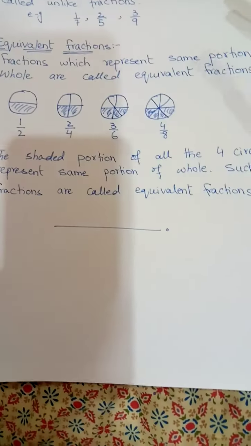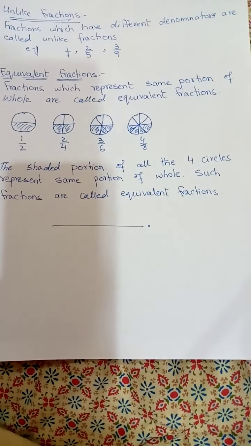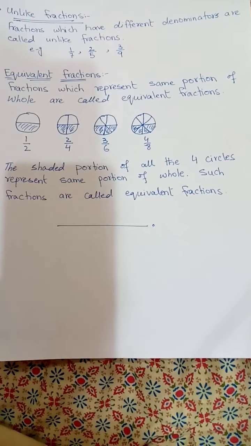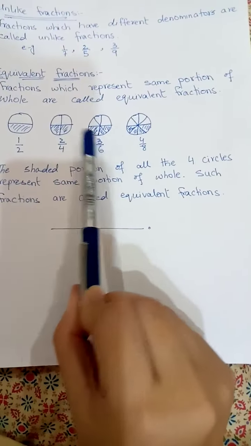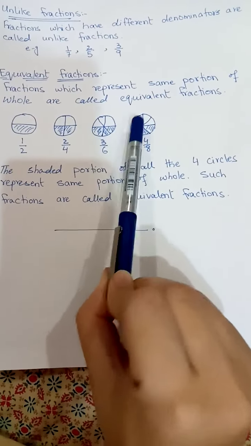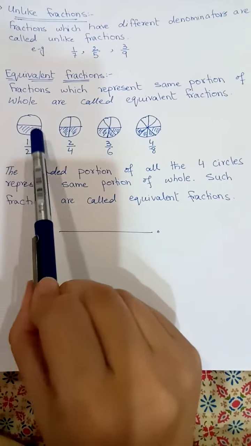So now the next type is equivalent fractions. Fractions which represent the same portion of whole are called equivalent fractions. Now you can see the four circles. In all four circles, the same portion is shaded, but the whole circle is divided into different parts.